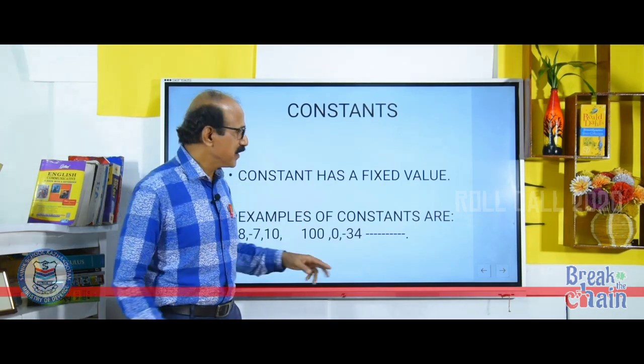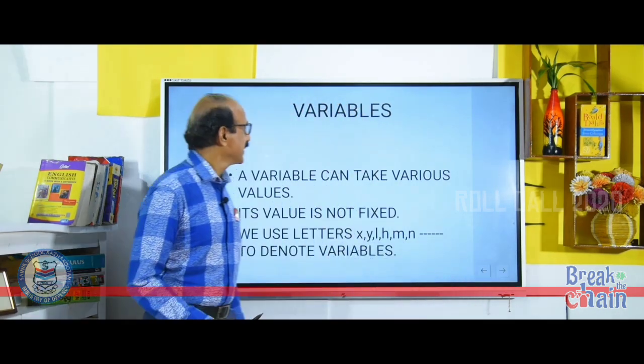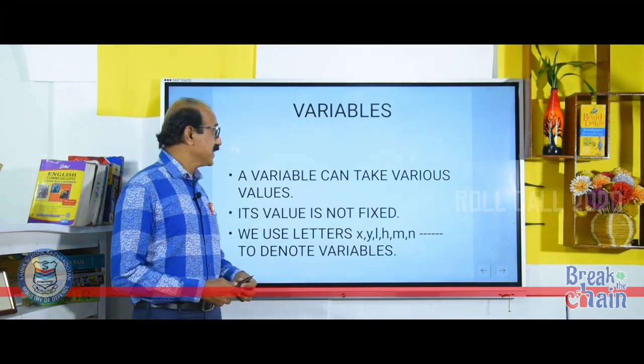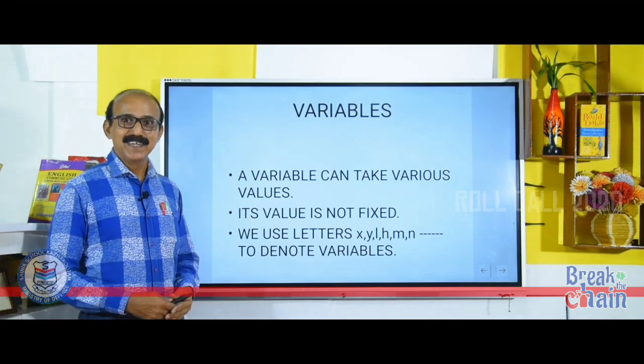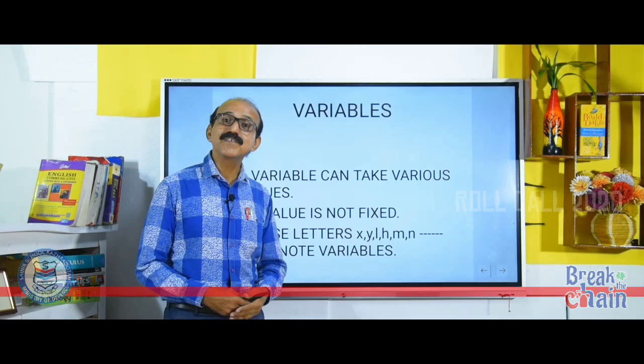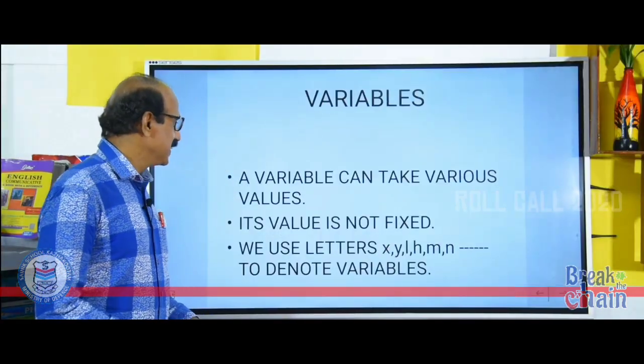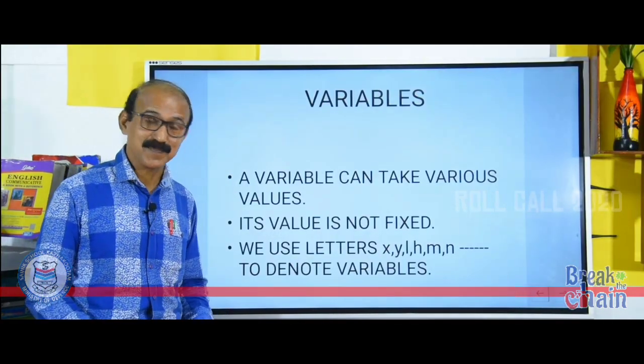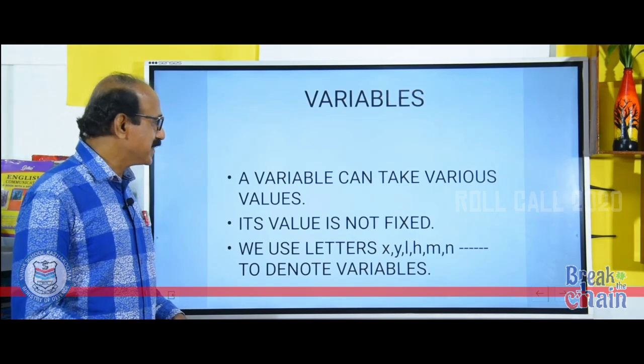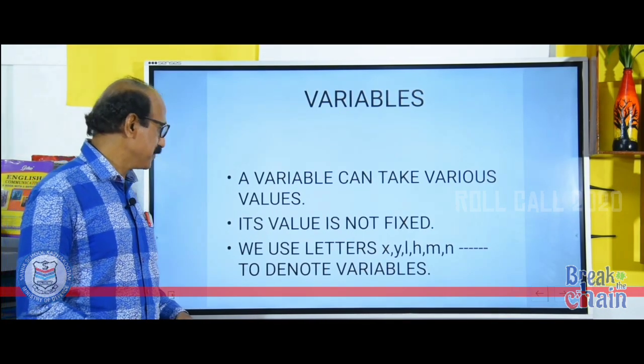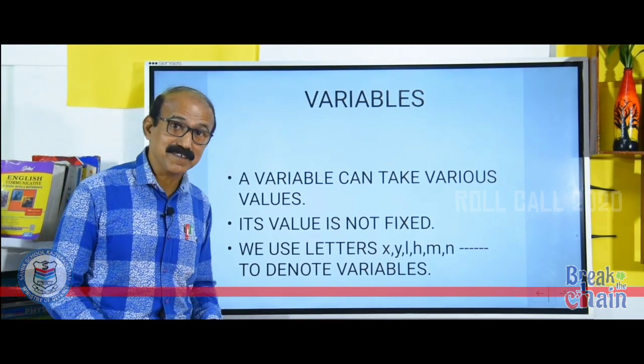But in case of variables, what happens? Let's see. A variable can take various values. Its values keep on changing. Its value is not fixed. We use letters x, y, l, h, m, n to denote variables.